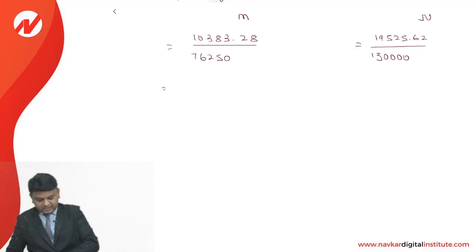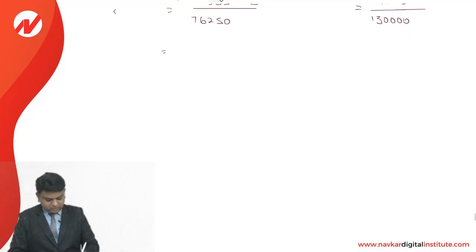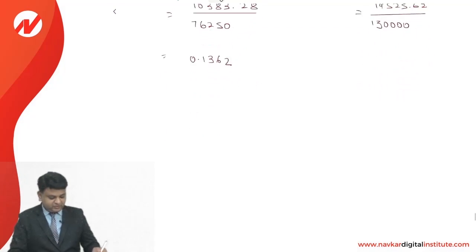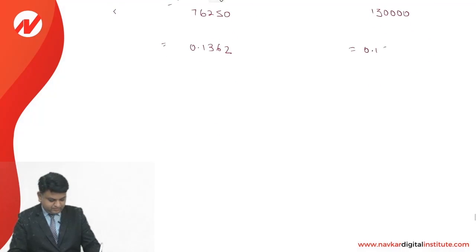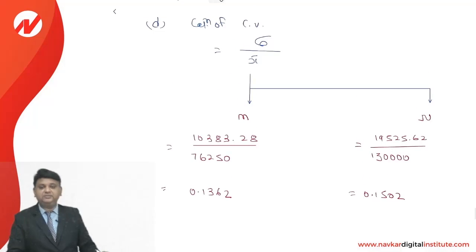So 10,383.28 upon 76,250 is 0.1362. This is the risk taken per unit of return. 19,525.62 divided by 1,30,000 is 0.1502. This is the way risk can be calculated per unit of return, that is CV.